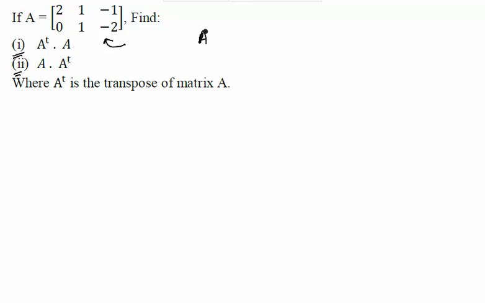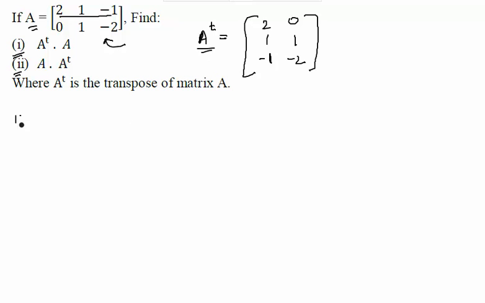Transpose, we know, is again a matrix in which the elements of a row of A become the elements of the column of A transpose, right? So the first row will become the first column and the second row will become the second column. This particular matrix is called A transpose.